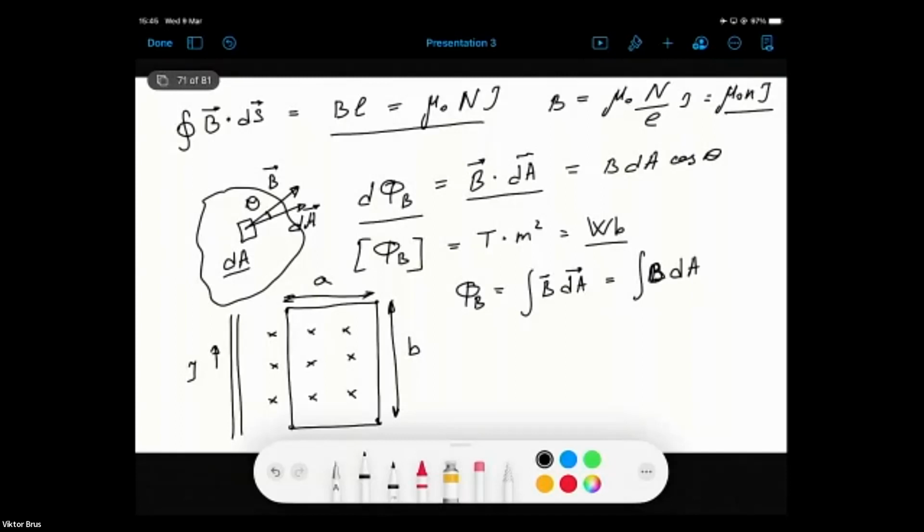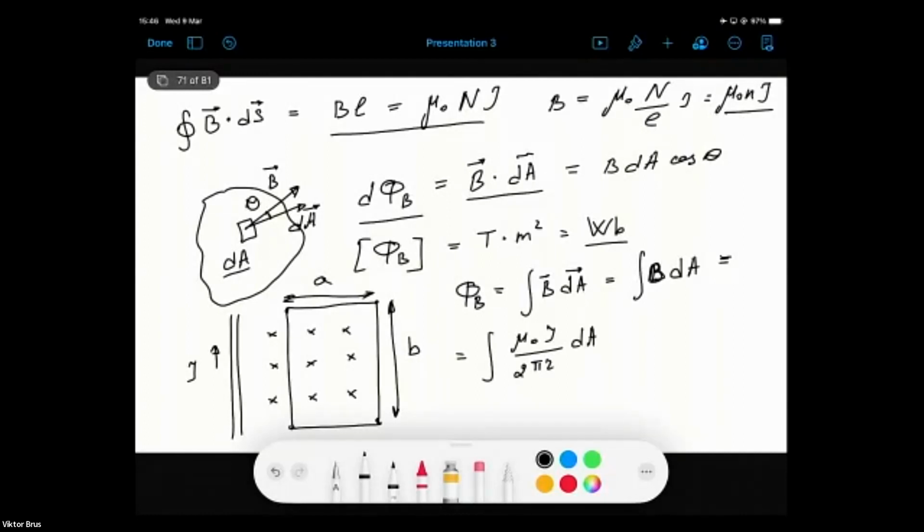And we know the magnitude of the magnetic field vector next to a straight wire, a conductor with electric current, that will be equal to mu naught times I divided by 2 pi r times dA.